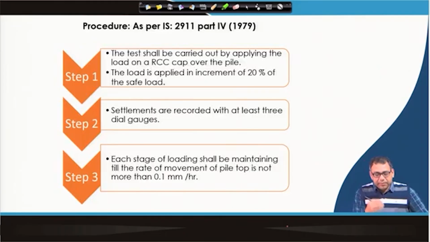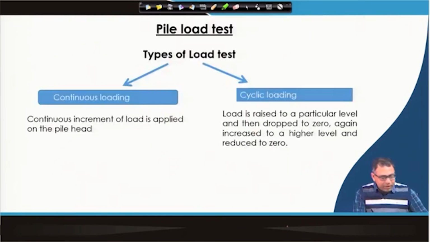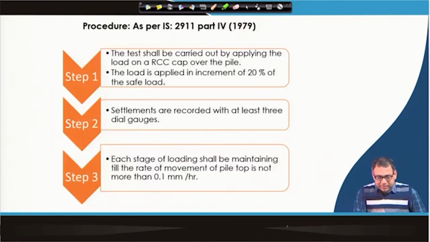The continuous loading pile load test procedure is carried out by applying the load on an RCC pile cap. Load is applied in increments of 20% of the safe load, because first you have to calculate the safe load, then the first increment we will apply is 20% of the safe load, then 40% of the safe load, then 60, 80, 100, up to 2 times or 1.5 times, or up to the specific settlement.